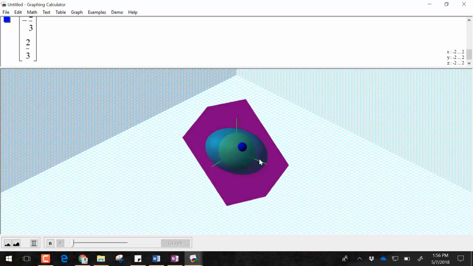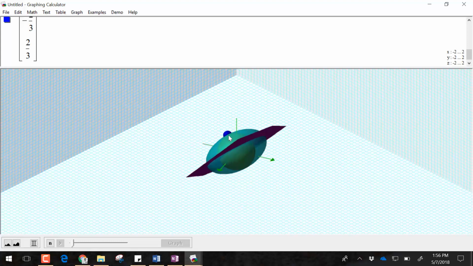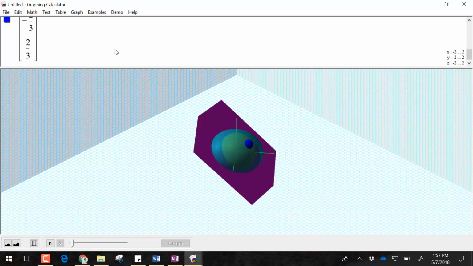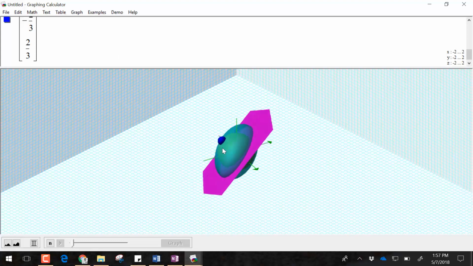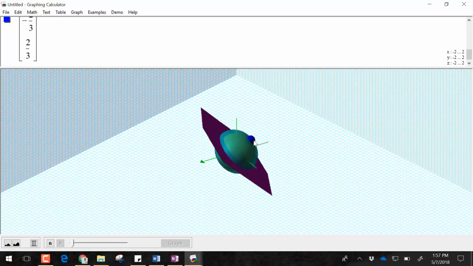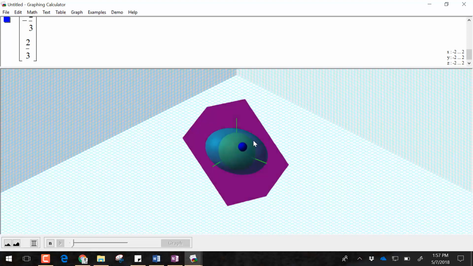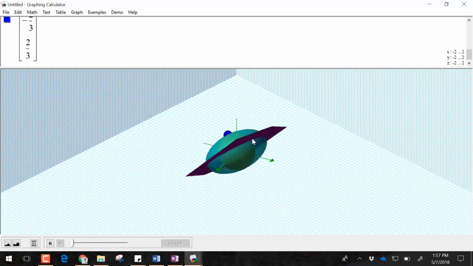Isn't that the point where they touch? Oh, it's supposed to be a point. I can't control the size of the point. So this is a point where they touch, and if we eliminate that point, then what we want to do is we're essentially eliminating that point and finding the next largest value.